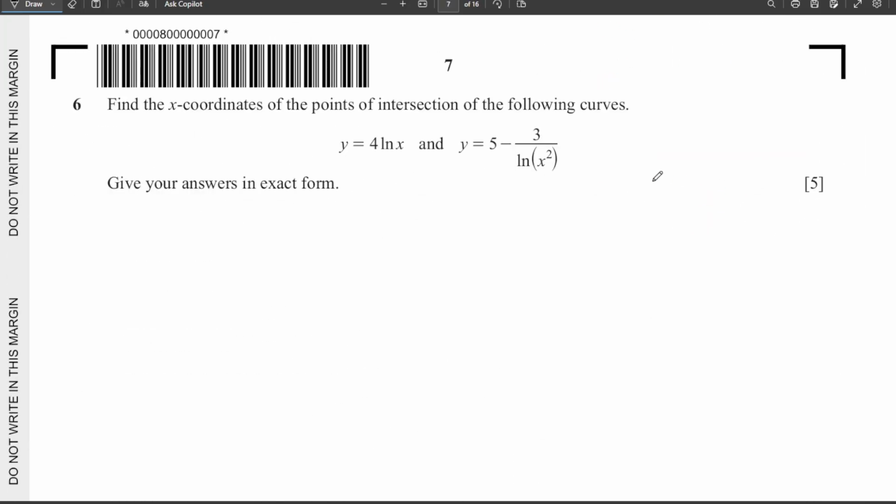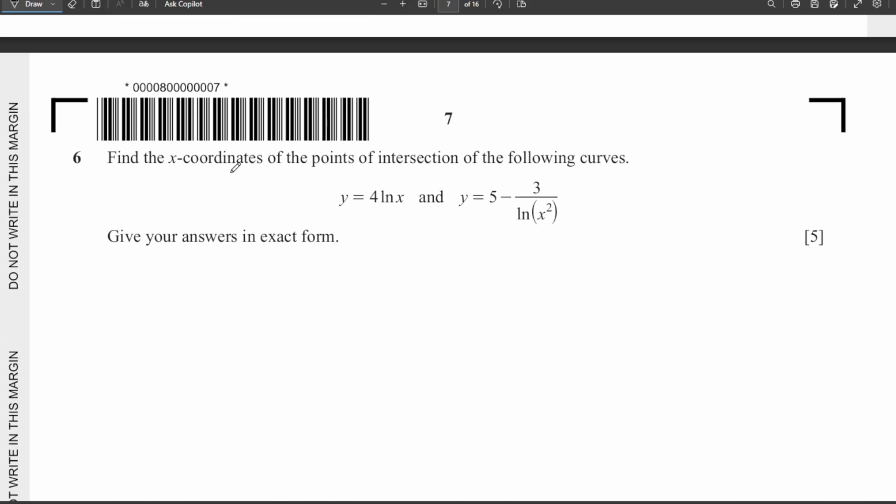Okay, going next. Find the x-coordinates of the point of intersection of the following curves. So yeah, we need to equate both equations. For ln x, 5 minus 3 over ln x squared. Okay, so this x squared, the square is inside the ln, so I can bring it forward.